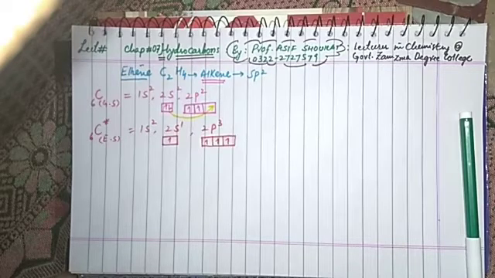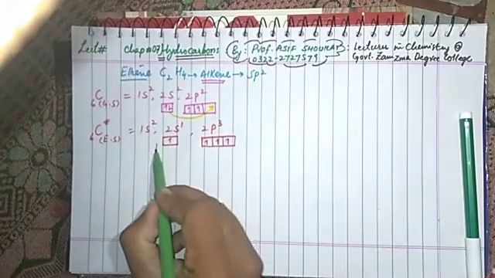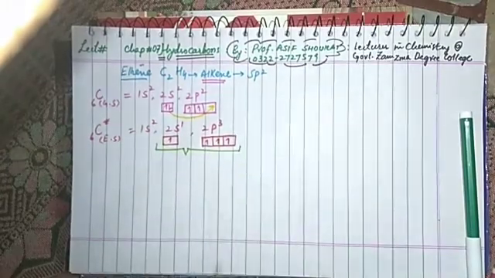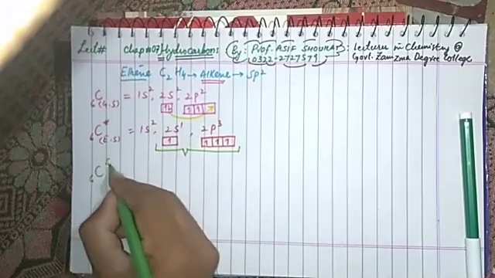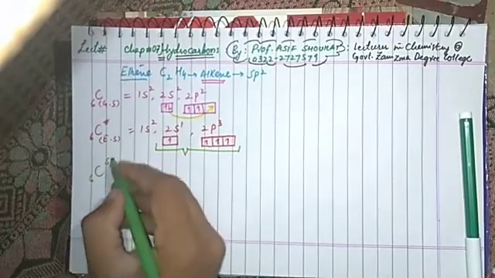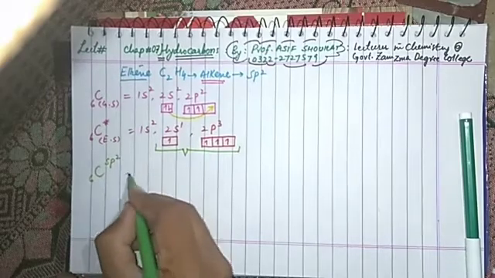Due to hybridization, these 4 orbitals will undergo hybridization process. They will make only sp2 hybridization.